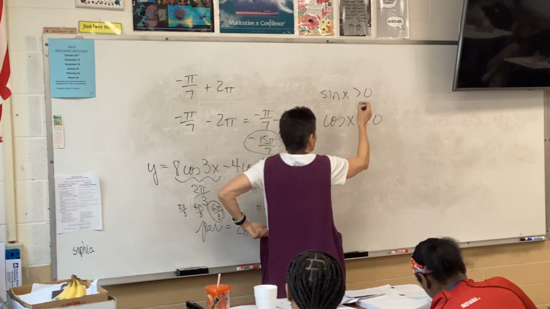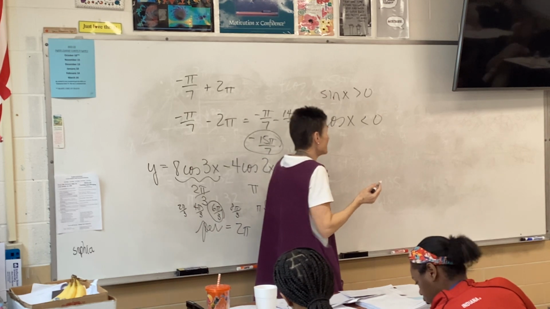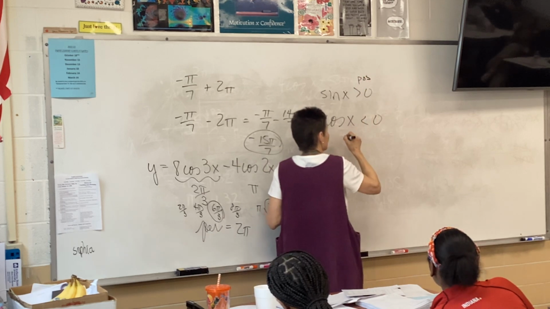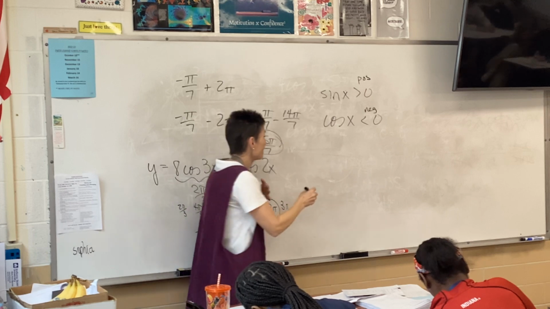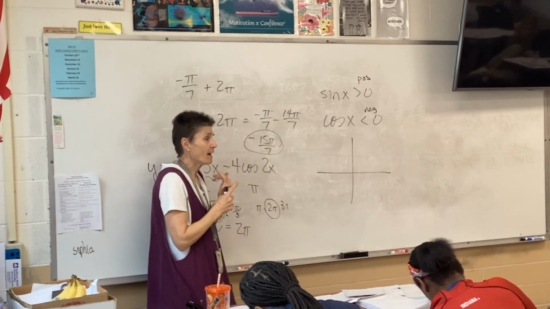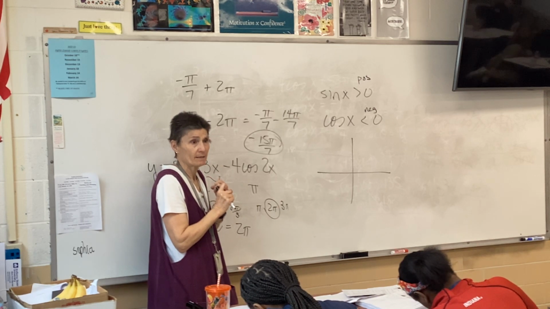Please remember, greater than 0 means positive. Less than 0 means negative. This sounds goofy, but we mess this up sometimes. Where is it in the coordinate plane that sine is positive, but cosine is negative?